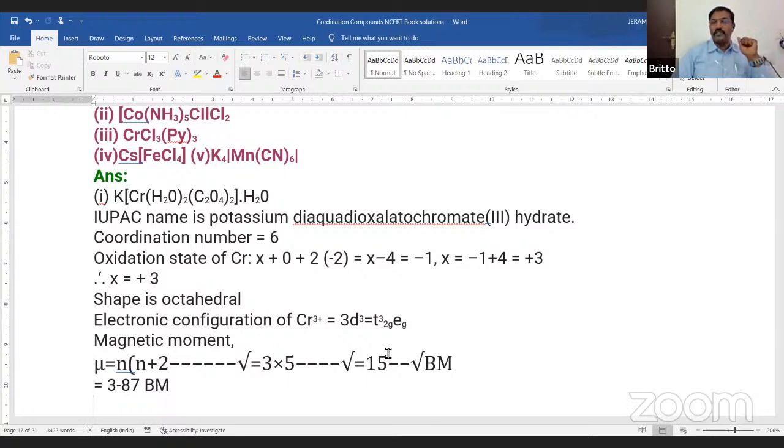If you memorize the trick, you can directly put it. So chromium 3 plus is 3d3. How can you arrange this 3d3 in terms of t2g and eg?